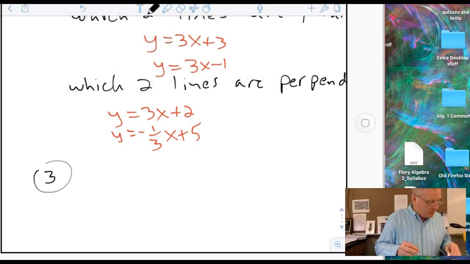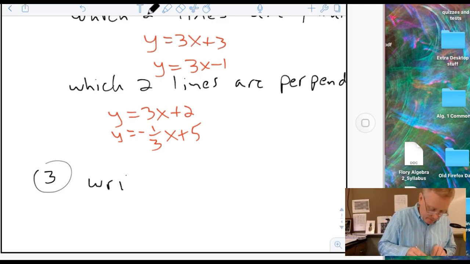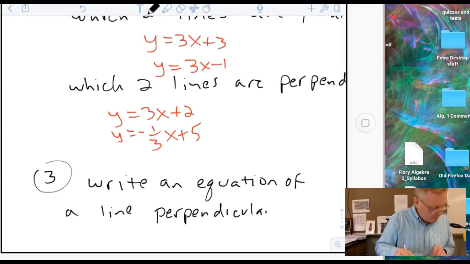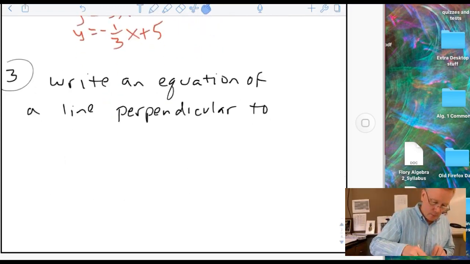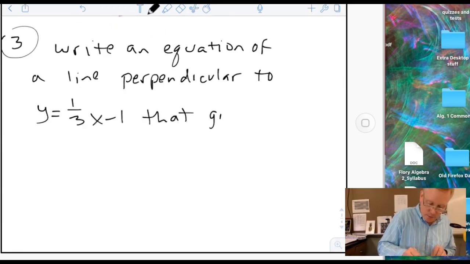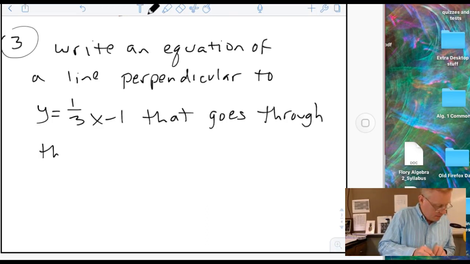Write an equation of a line that's perpendicular to y equals 1/3 x minus 1 that goes through the point 2, 4.